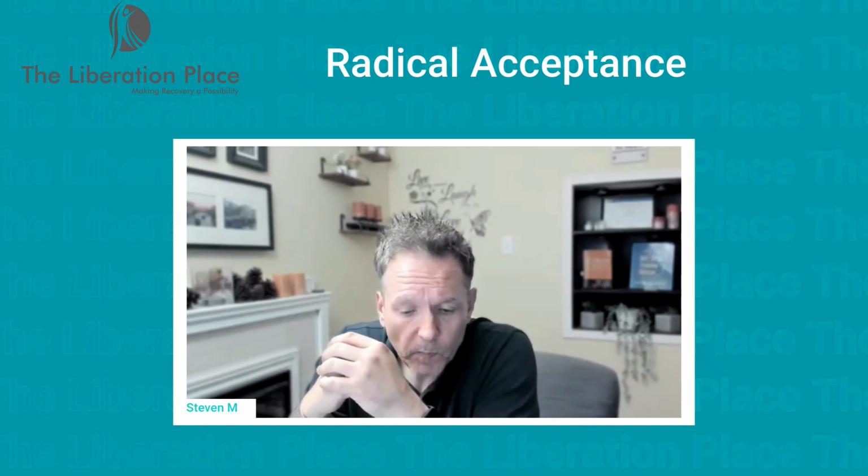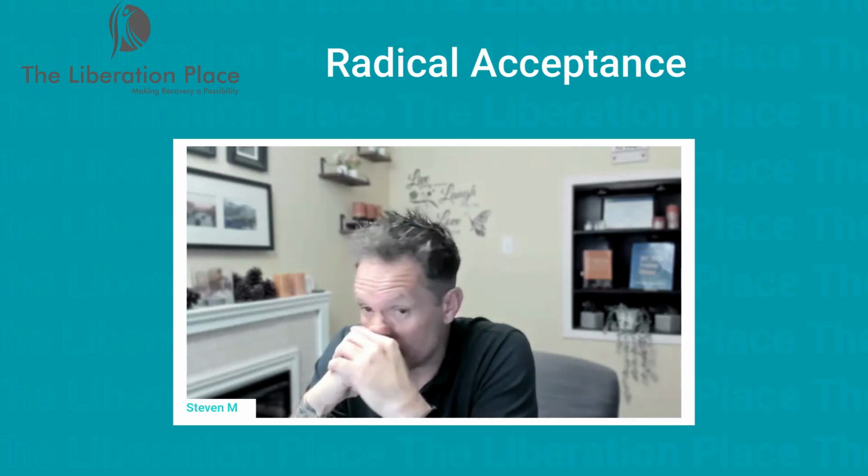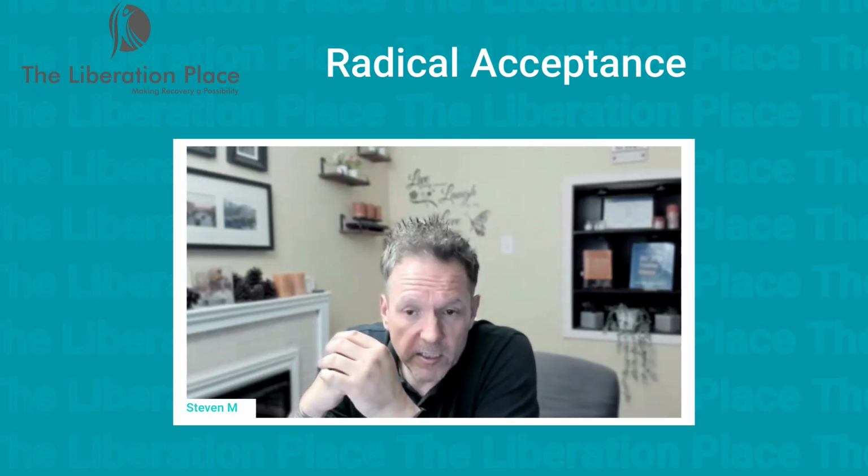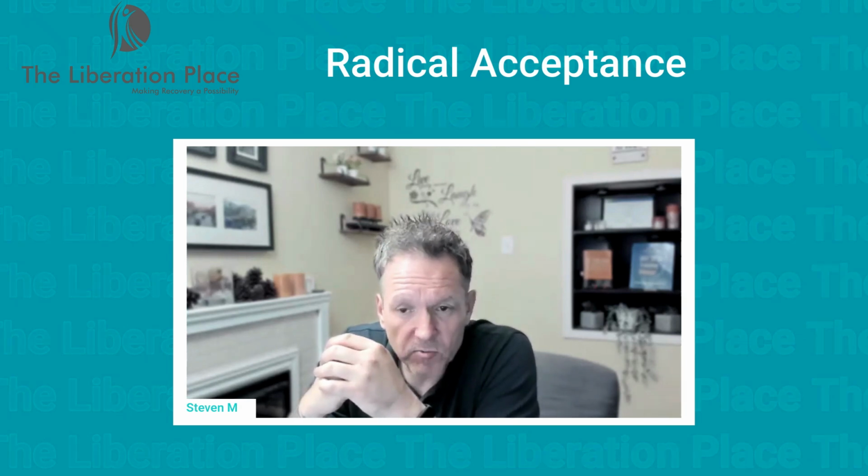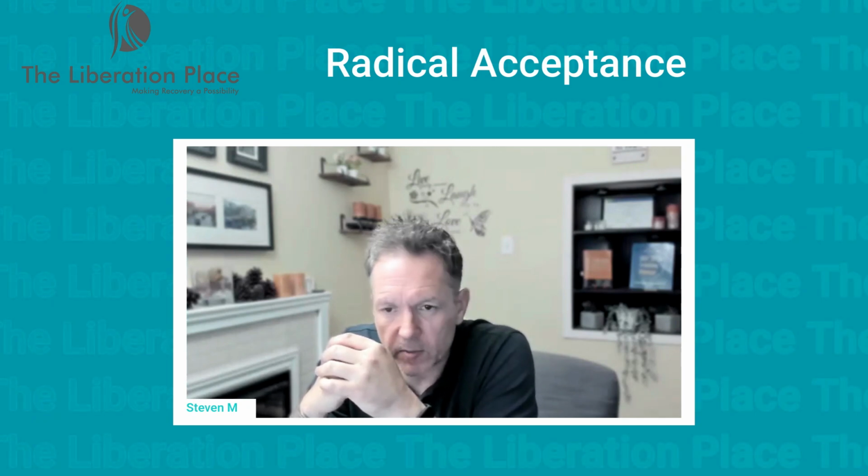Now, there are two ways that we accept things, okay? In DBT, distress tolerance, the acceptance that we're practicing is radical acceptance. This is a term that gets thrown around a lot in DBT circles or recovery circles. You'll hear people say, well, I just have to radically accept it.